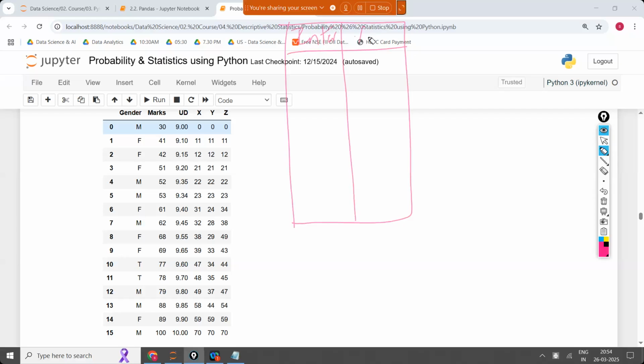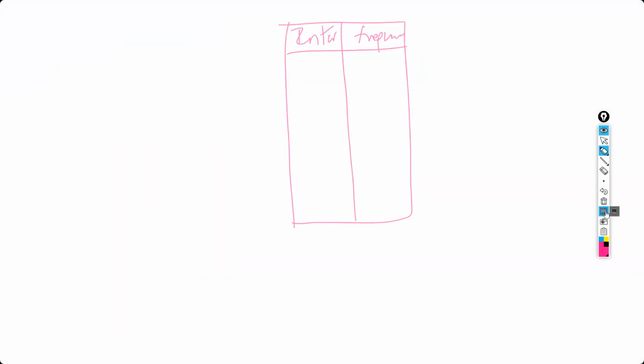Interval, frequency: 30 to 40, 40 to 50, 50 to 60, 60 to 70, 70 to 80, 80 to 90, 90 to 100. And the frequencies are 1, 2, 3, 4, 3, 2, 1.